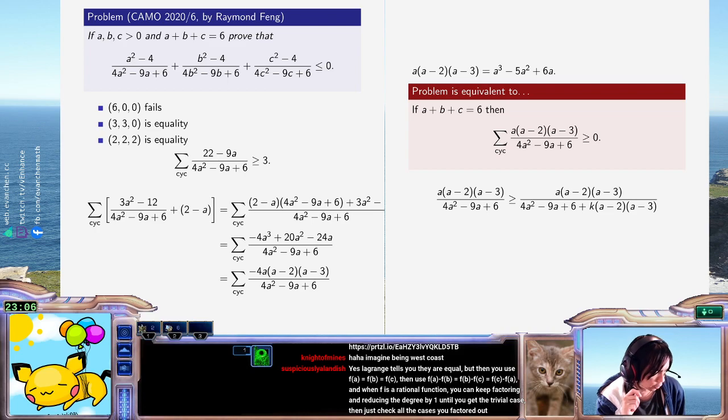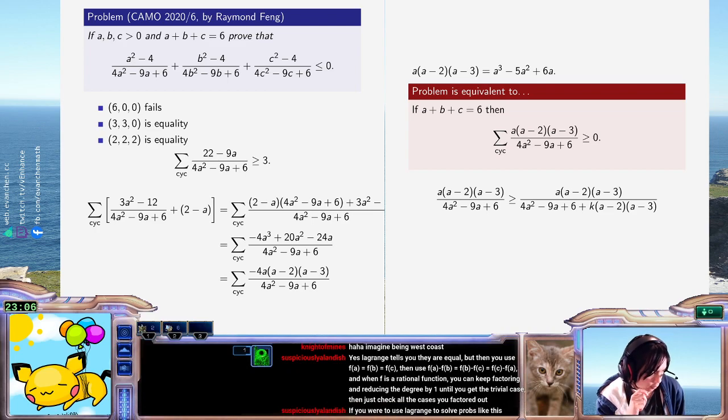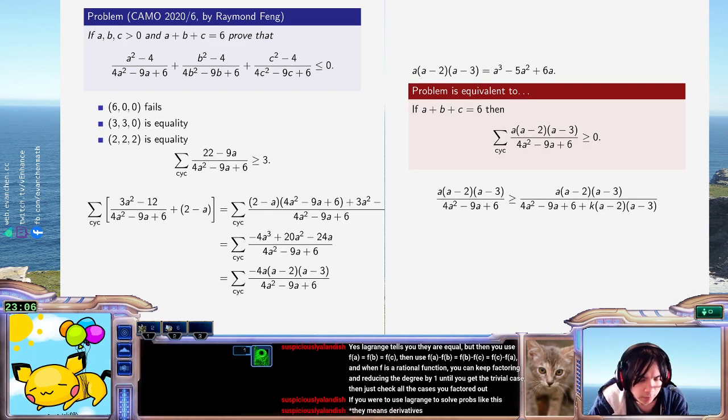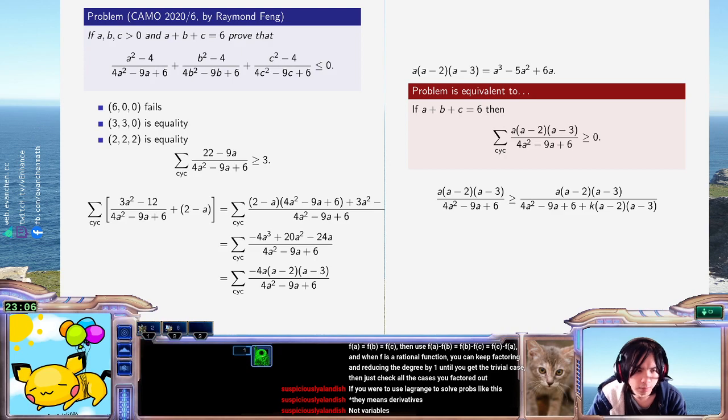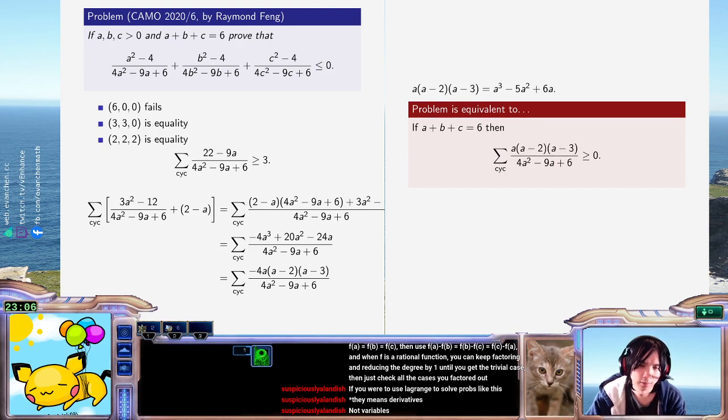Lagrange tells you they are all equal. It does. Does it? Alright, okay, let's pull Lagrange. What does Lagrange multiplier say?